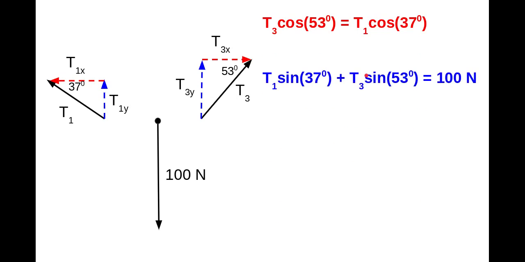Okay, so here are our two sum of the force equations. We have the x direction and the y direction. The problem that we see now is we have two unknowns, T3 and T1. So this causes a problem. How do we solve problems like this?